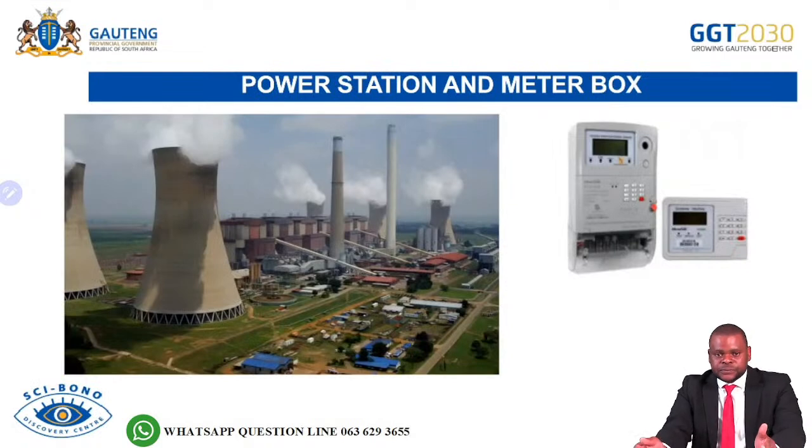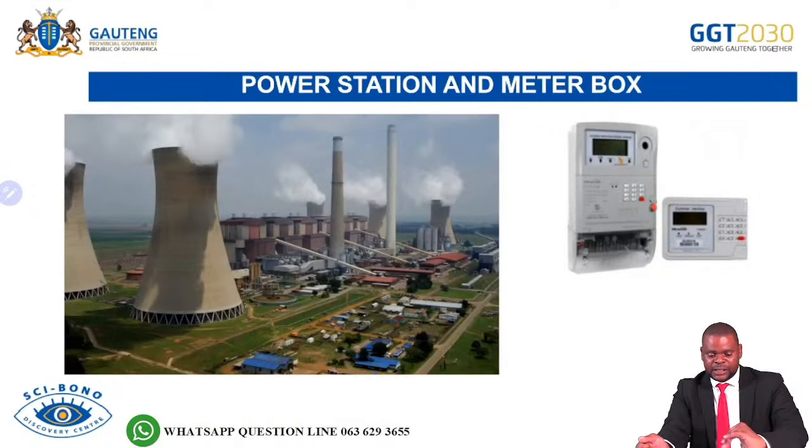We know that as we're talking about electric circuits, we'll be talking more about power and energy. And because we're dealing with power, where do we get more of it from? Eskom. You can see the diagram of one of our plants, and as you see on my right, that is a prepaid meter for electricity.